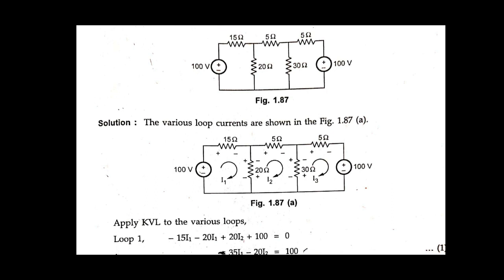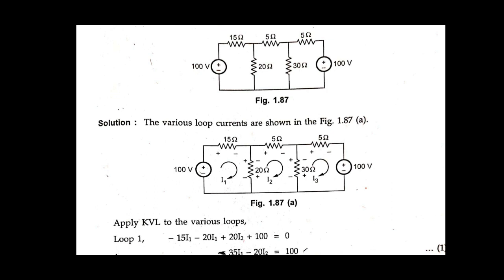For I1 it is from positive to negative, and for I2 it is also positive to negative. Just look at the directions it is going. Next, again the 5 ohm resistance, polarities positive, negative.